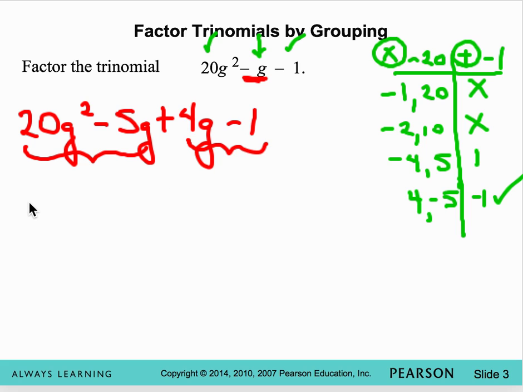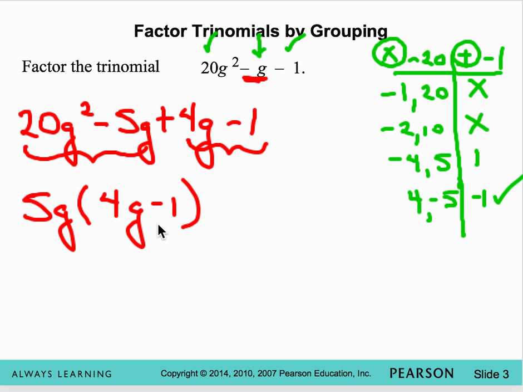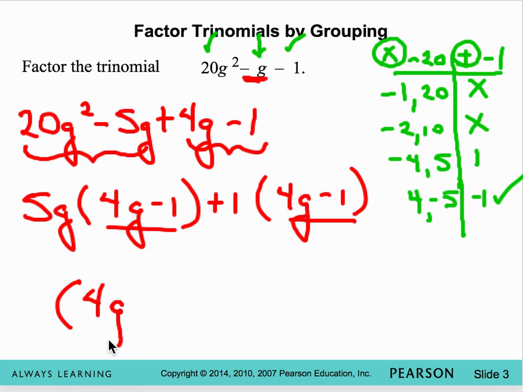I can take out a 5g from these first two. We're just going to leave 4g minus 1. If there's no common factor, it's understood to be a 1. Right? If there's nothing else, there's always a 1. Oh, now look, they both have 4g minus 1, so I'm going to bring that out. And then what's left is 5g plus 1 and the other factor.